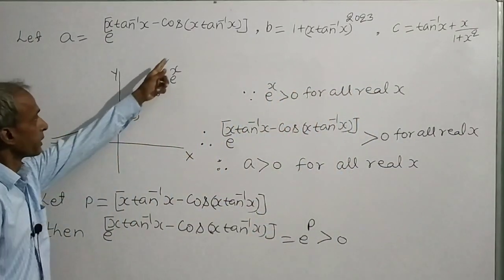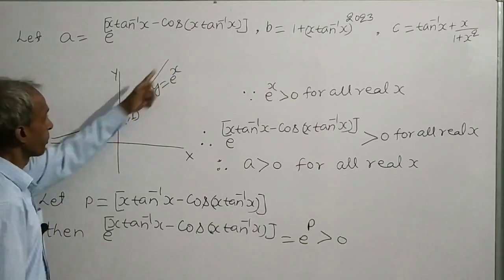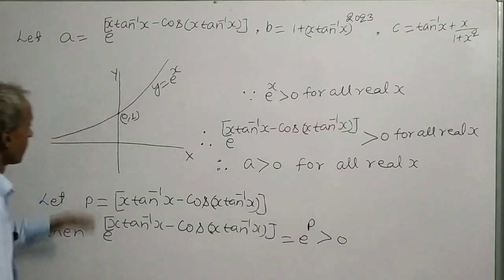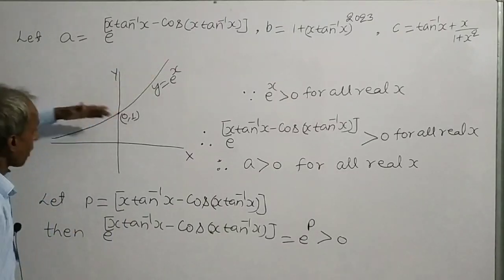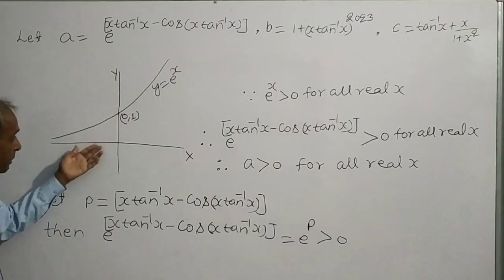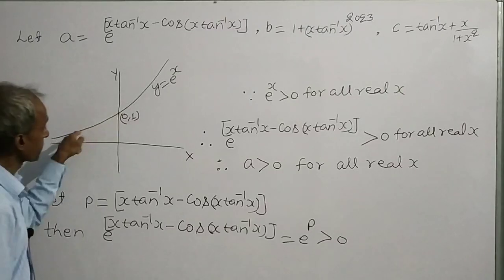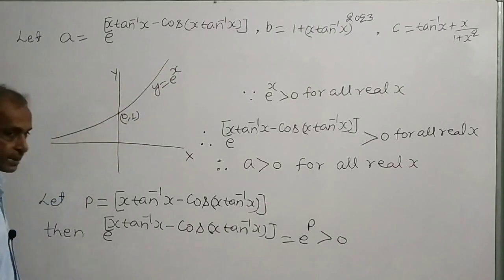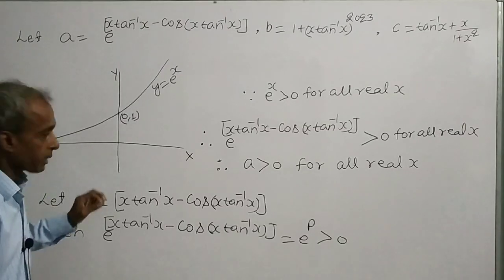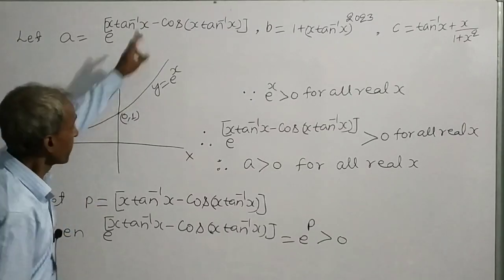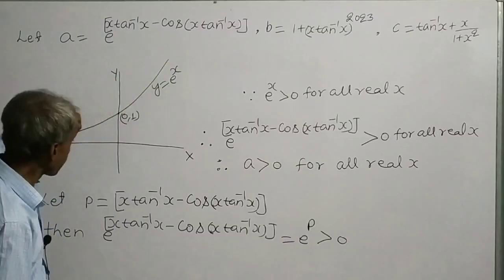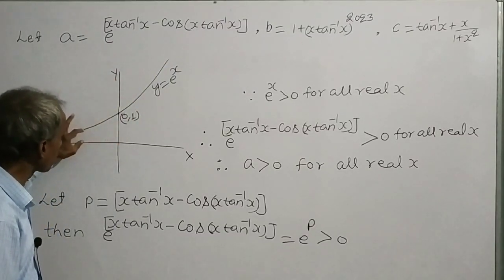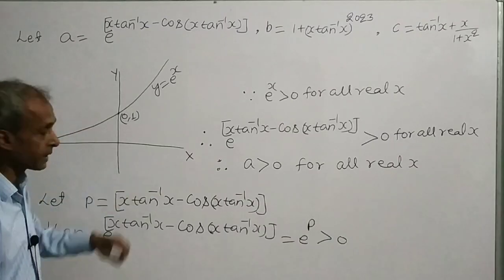Now this is the graph of y is equal to e to the power x. This graph always remains above the x-axis. Therefore, at any point on this graph, the y coordinate will be positive.